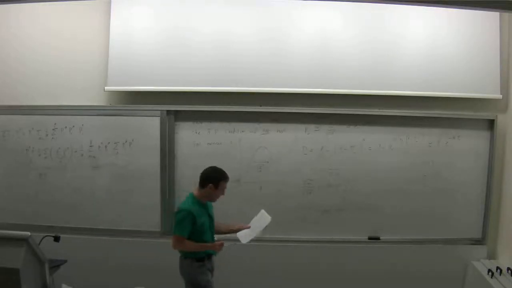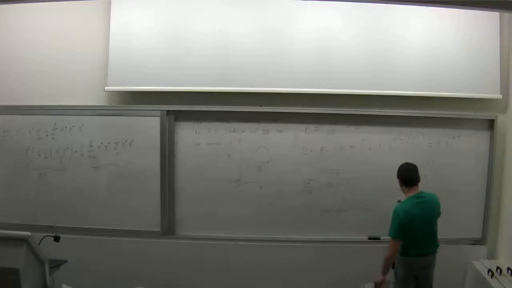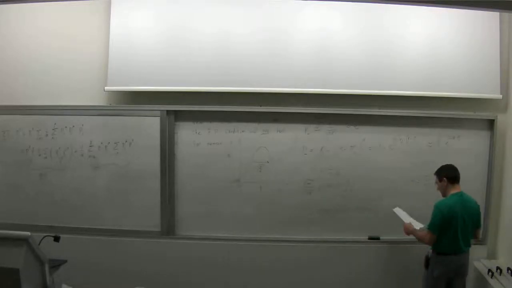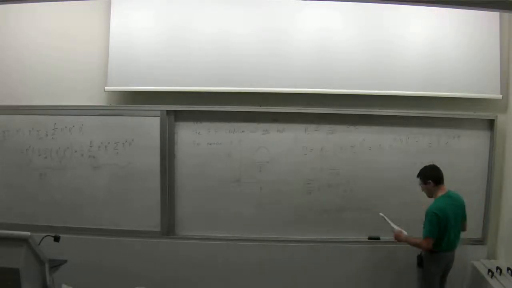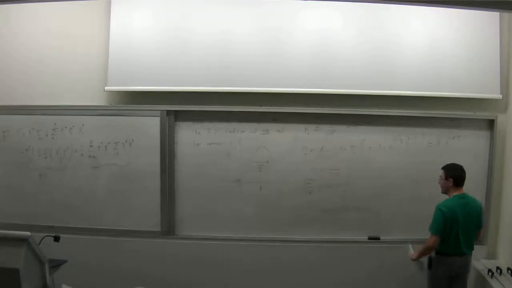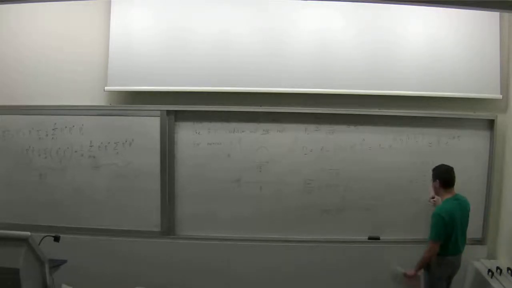So I'm going to argue that, to a good approximation, alpha has to be smaller than 2 log n.